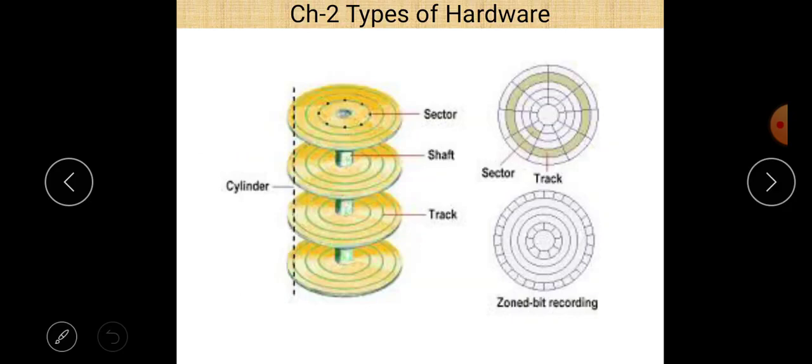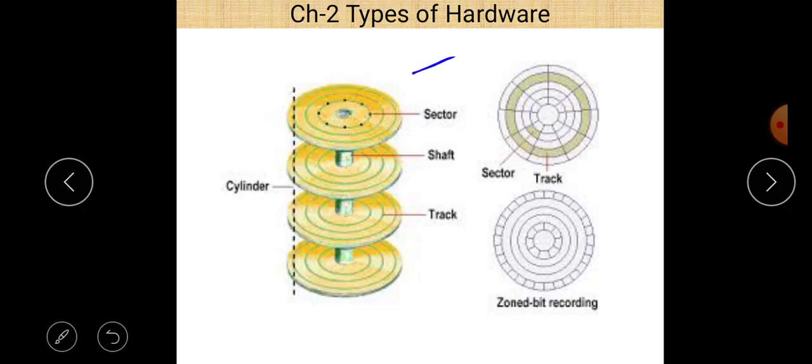This is the diagram of a hard disk. You can easily see it on the screen. First of all, a hard disk is a magnetic disk, and it is divided into cylinders, tracks and sectors.